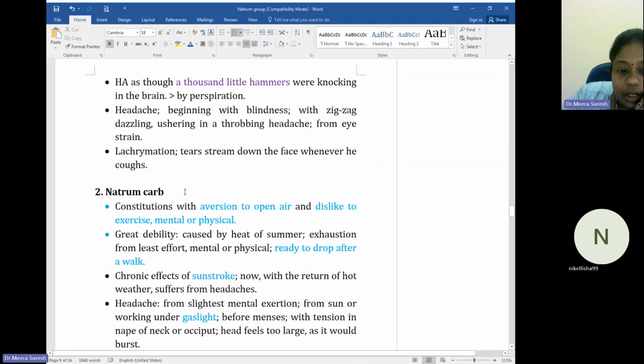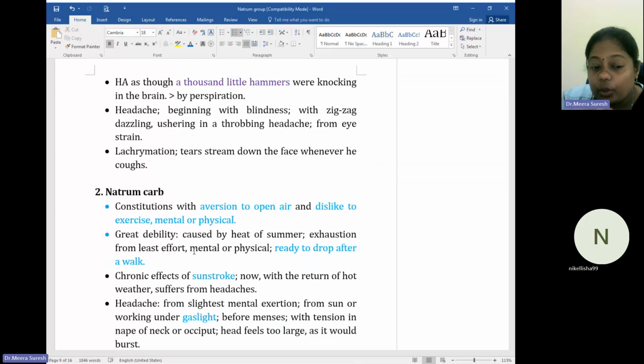In case of Natrum carb, the constitution, they have got great aversion to open air, extremely chilly patients, and dislike to exercise, be that mental or physical. They are highly debilitated from the heat of summer and exertion from least effort, mental or physical, and ready to drop even after a small walk.